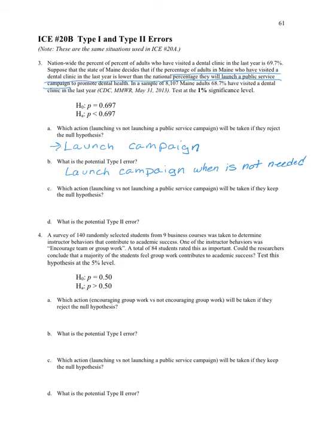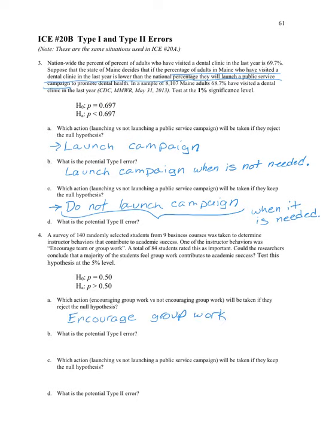And if they were to make an error, the error would be to launch the campaign when it is not needed. On the other hand, if they keep the null hypothesis, they're not going to launch the campaign. And the potential type 2 error would be do not launch the campaign when it is needed.